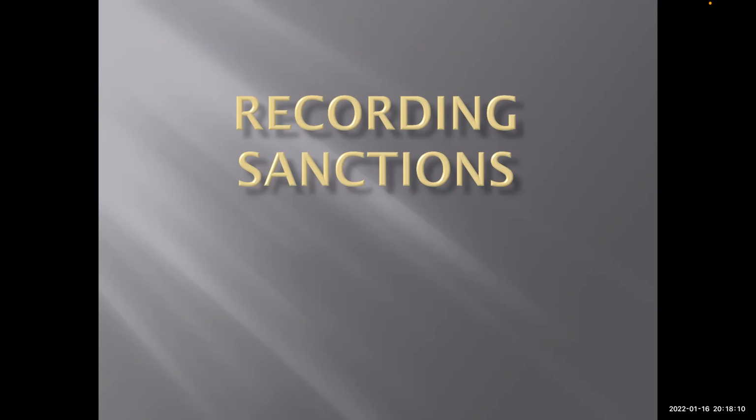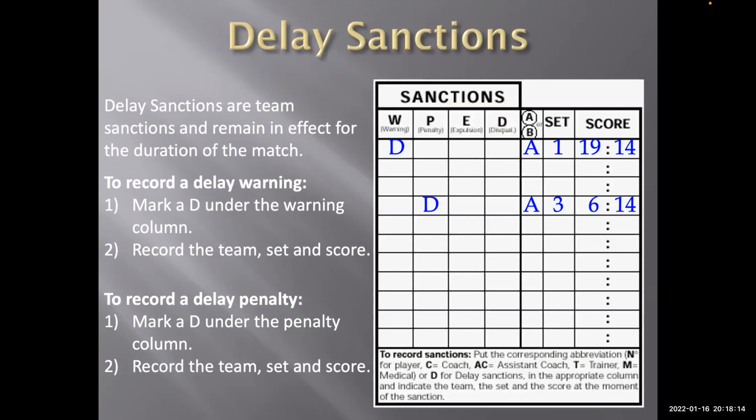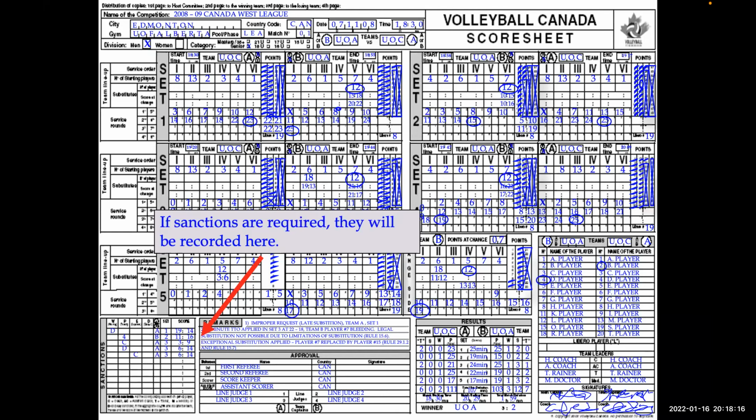Recording sanctions. Feel free to ask for assistance if you don't know how to record this or you're not comfortable. The sanctions are all in the bottom left, and the referee should help you with this.